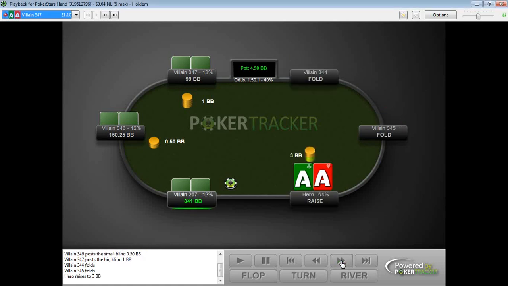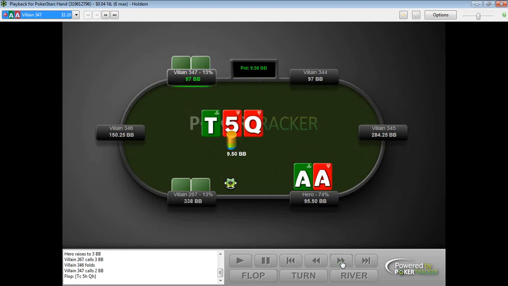So here we have ace ace in the cutoff, and we raise it up 3 big blinds, and we get called by the button, and we go 3 ways to the flop. Here we have a two-tone board with 2 hearts. Let's see what happens with the action.